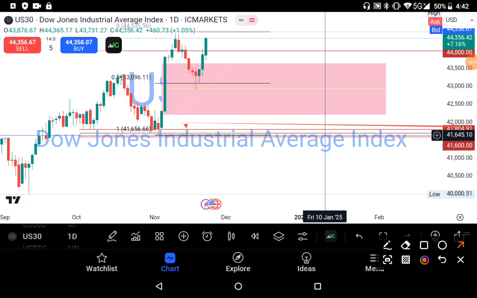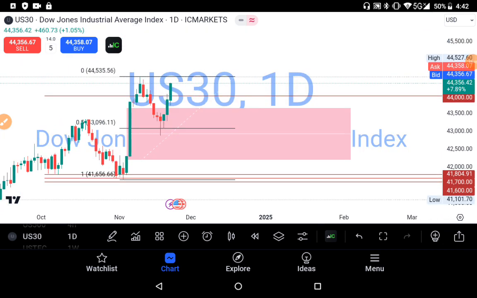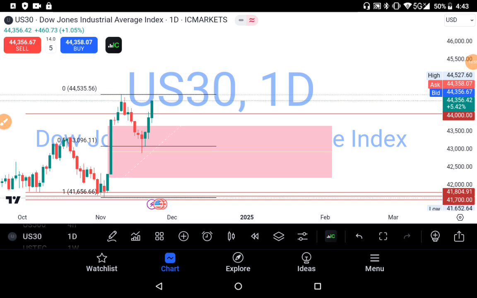But the market price was not able to take that low. The midpoint of the BC happens to be the support to the market price. So we are seeing a movement into 45,000. So I'll be sticking to 45,000 to be delivered.